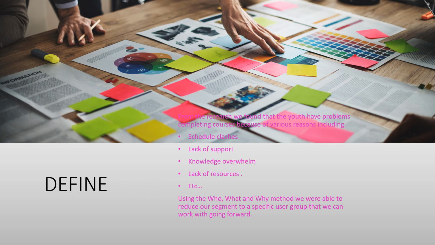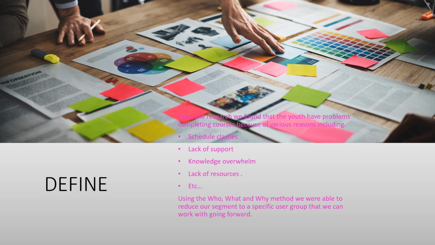We then go to our define stage, which is the stage where we compile all the information that we got from our empathize phase, which is the user insights, understanding the user's thinking process and the user's pain points.